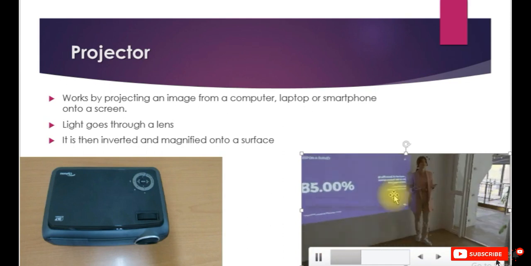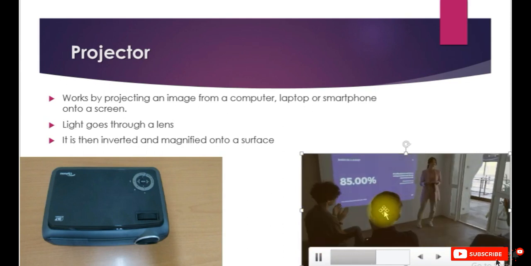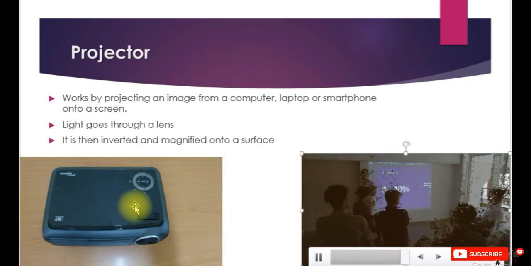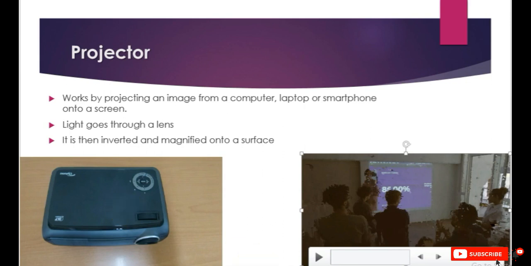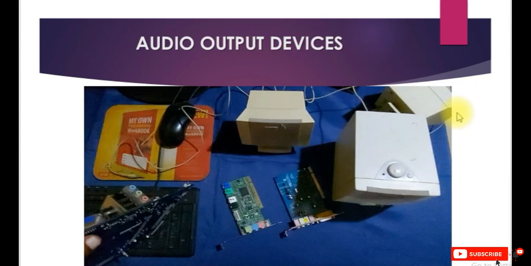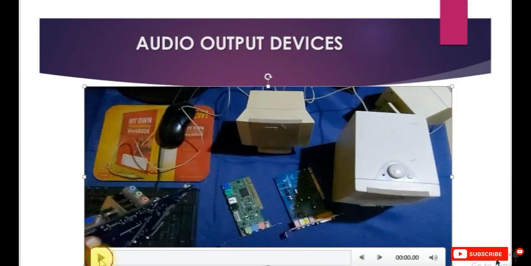The advantage of this is that you can get pretty huge images. So if you're doing a presentation, then this is what will be ideal for that situation, so that the persons in the audience will be better able to view the presentation.